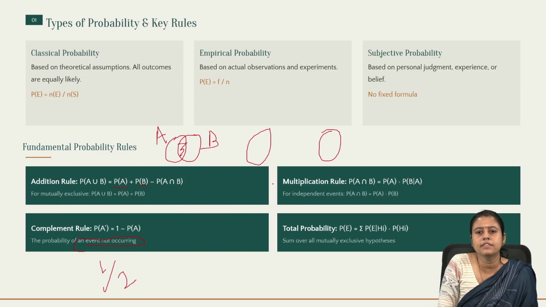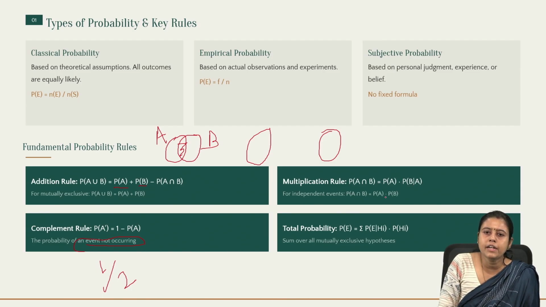The next one is the multiplication rule. The multiplication rule tells that A intersection B is equal to PA into PB by A. What does it mean?